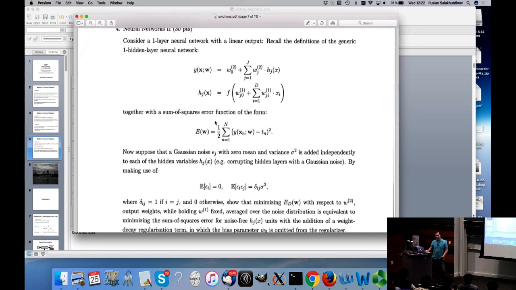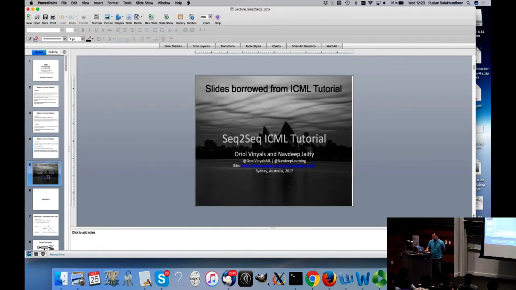But this is just a motivation that if your output is linear and you add Gaussian noise to the hidden variables, in expectation, it's just like doing L2 regularization, which is nice. And that motivated a lot of people to think about, what if we just start adding Gaussian noise or other forms of noise to make our networks more robust, and that is some form of regularization.